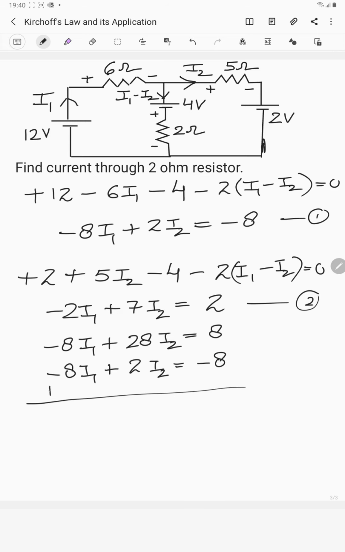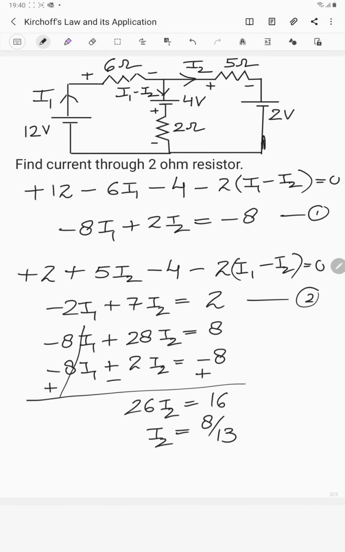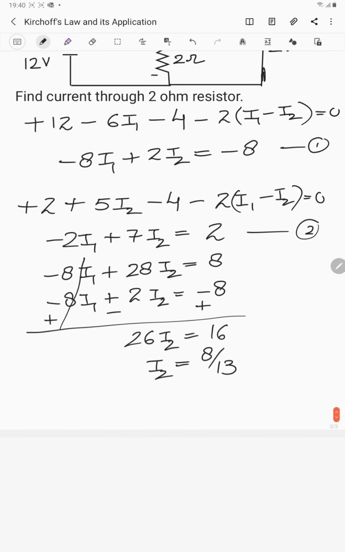So let's subtract the two equations. So what will happen? I1 is cancelled out. We are getting 26 of I2 equals to 16. So the I2 value will be 8 by 13. Substitute this value in any one of the equations and we can have the value of I1.